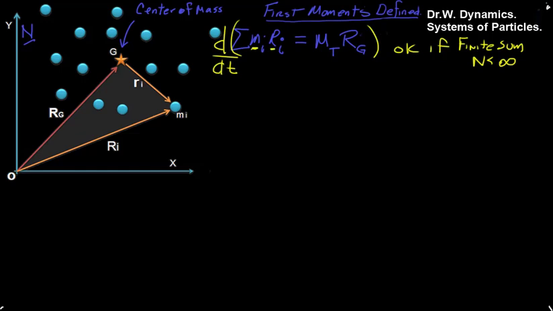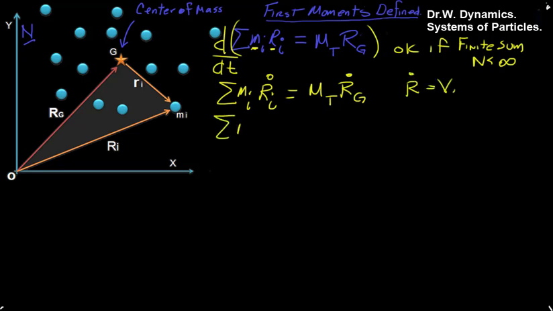And we'll get that the sum of the mi Ri dots equals m total Rg dot. And recognize that R dot is v, so this becomes the sum of the mi vi's is m total vg.